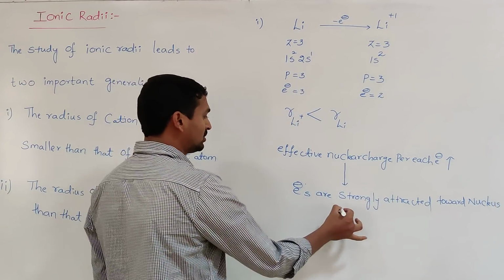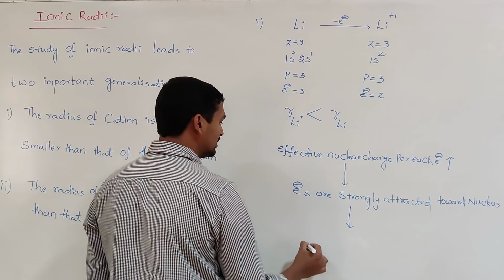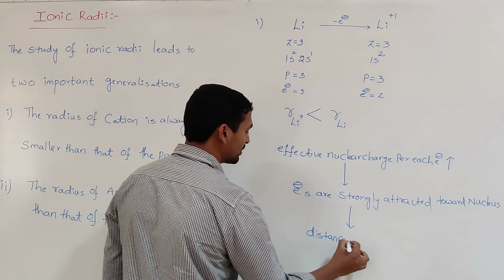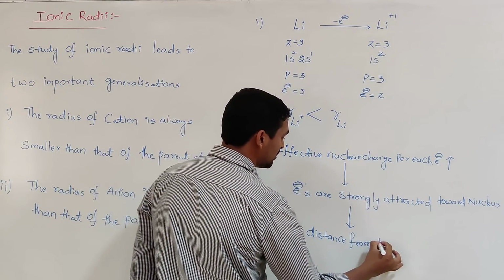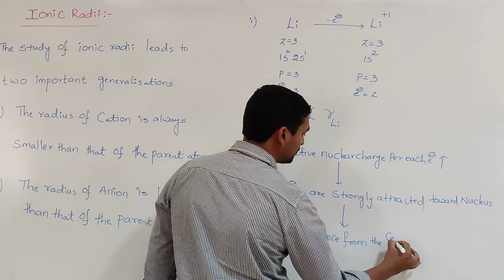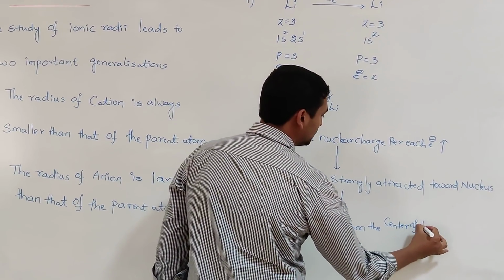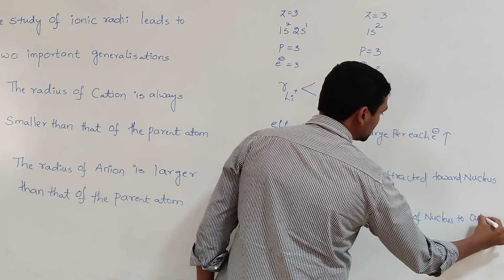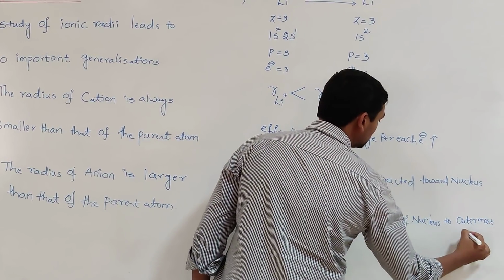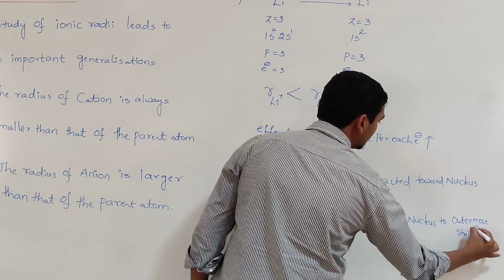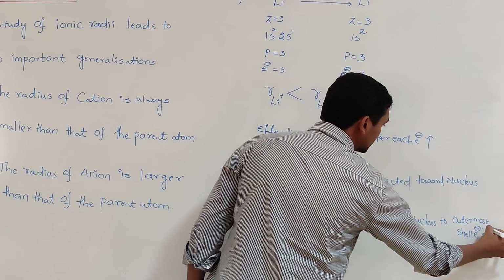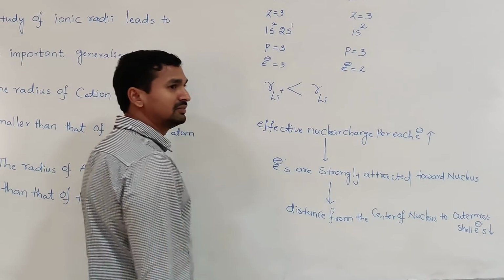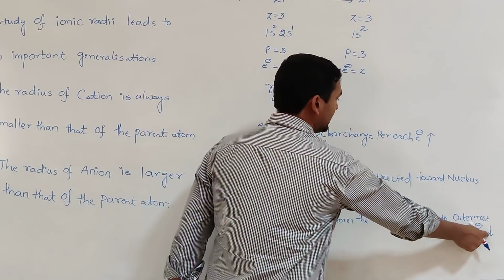When they are strongly attracted towards the nucleus, the distance from the center of the nucleus to the outermost shell electrons decreases. The distance from the center of the nucleus to the outermost shell is called the atomic radius. The atomic radius decreases.